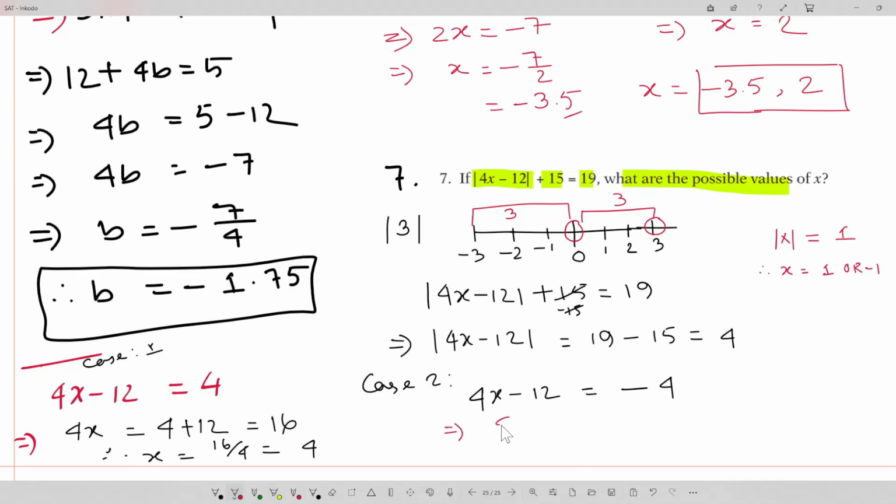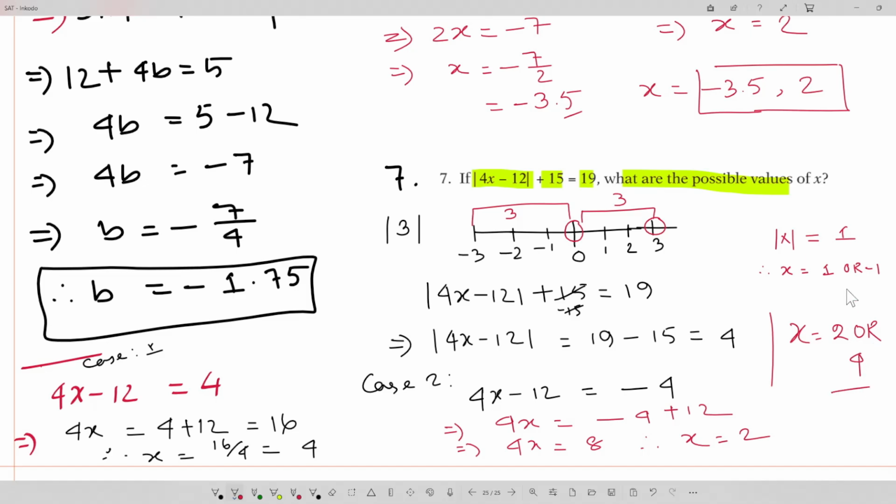So in this case 4x equals minus 4, and minus 12 becomes plus 12 because we are adding 12 to both sides. Then 4x equals minus 4 plus 12, which is plus 8. Once we divide both sides by 4, it will be 8 by 4, which means 2. So our answer is x equals 2 or 4.